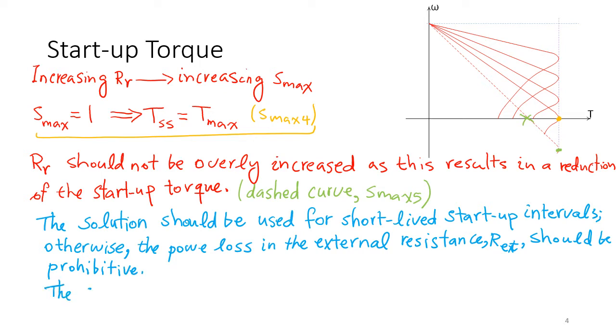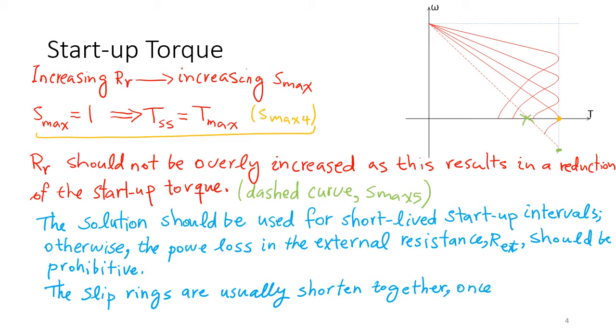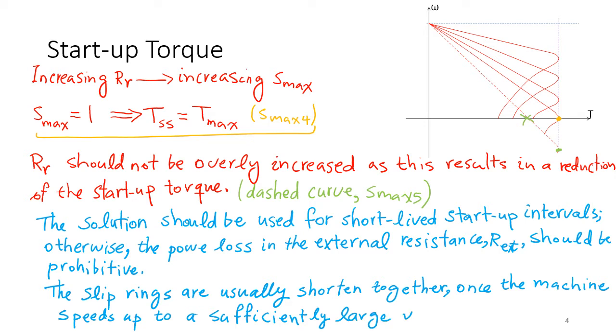The slip rings are usually shortened together once the machine speeds up to a sufficiently large value.